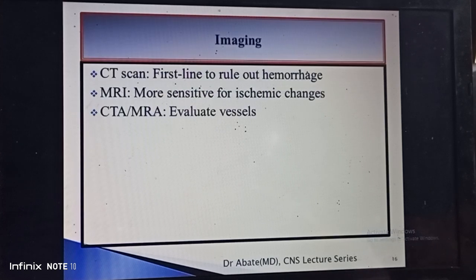The other important thing when you are dealing with a patient in whom you suspect a stroke is brain imaging. Brain imaging plays an important and significant role in the management of patients with hemorrhagic as well as ischemic stroke, because before starting most of the management, you have to see the imaging, especially the brain CT scan.